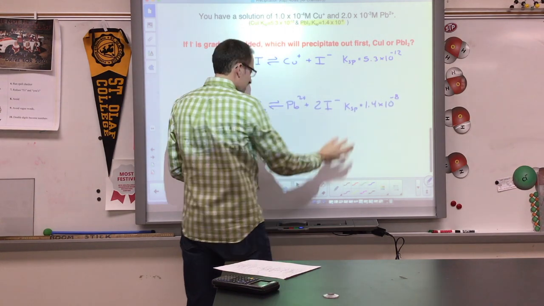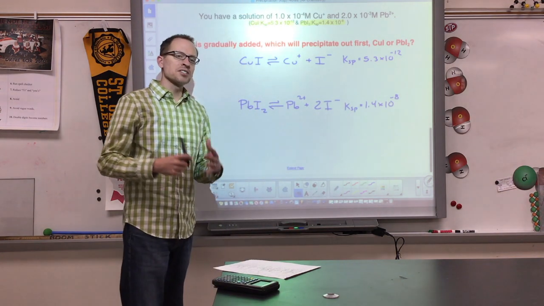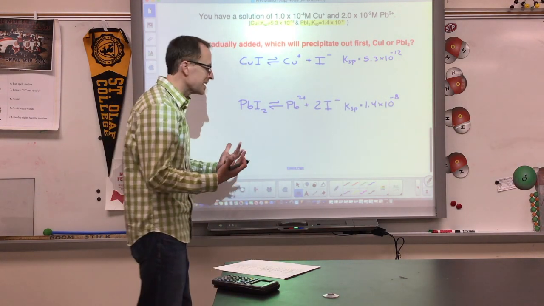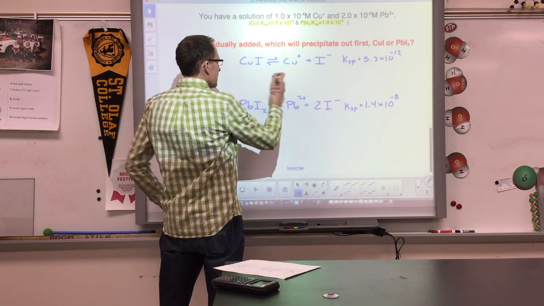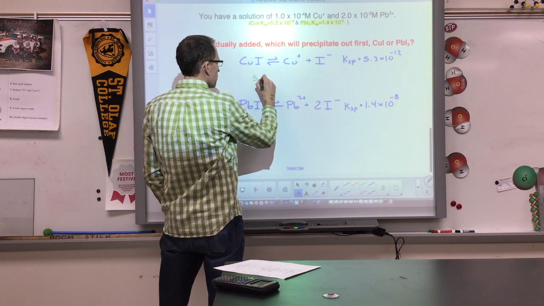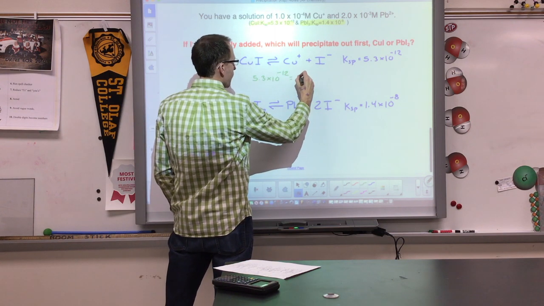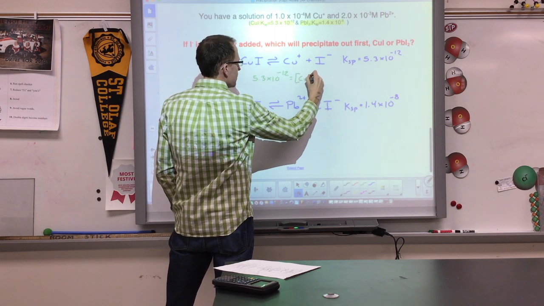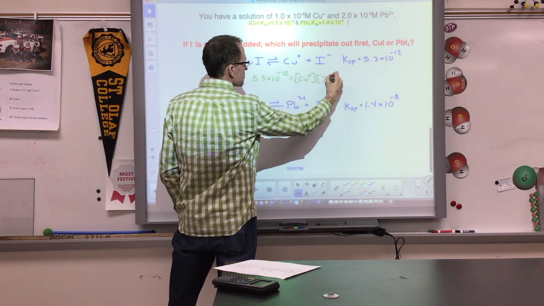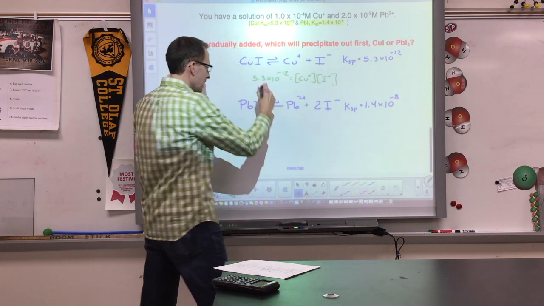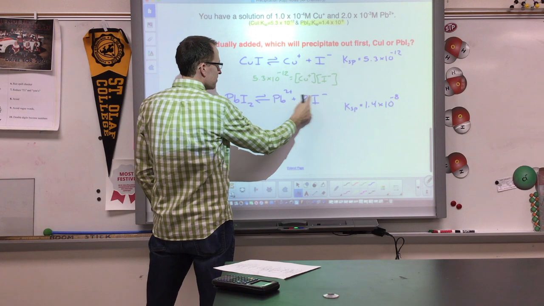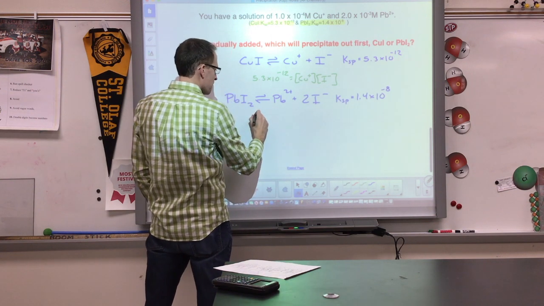Again, the most confusing thing for students is, what does the Ksp equation actually give me? Well, in this case, this Ksp would be this equation. So if you were asked for Ksp expressions, that's what that looks like. And then this one, I line this up.